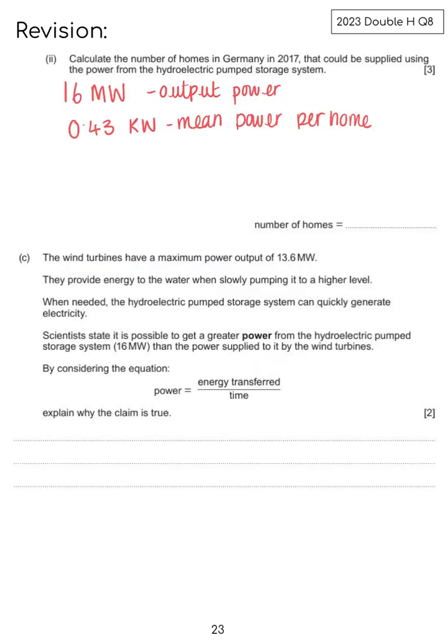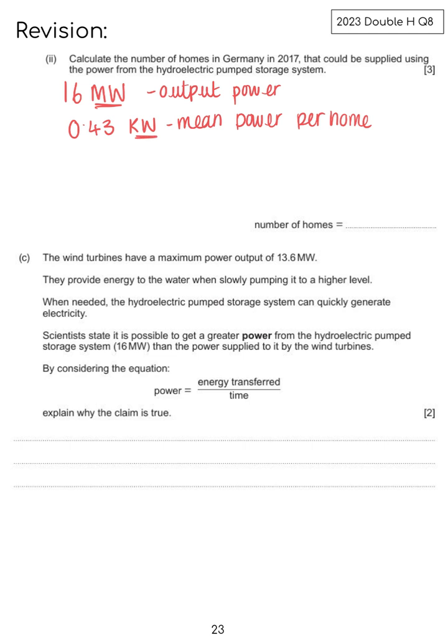Part II, I've picked out some relevant data for this one, is saying how many homes in 2017 could be supplied with that power station. So the overall output power of the power station was 16 megawatts, and each home used 0.43 kilowatts. So we need to do one divided by the other to work out the number of homes, but they need to be in the same unit. We've got megawatts and we've got kilowatts.